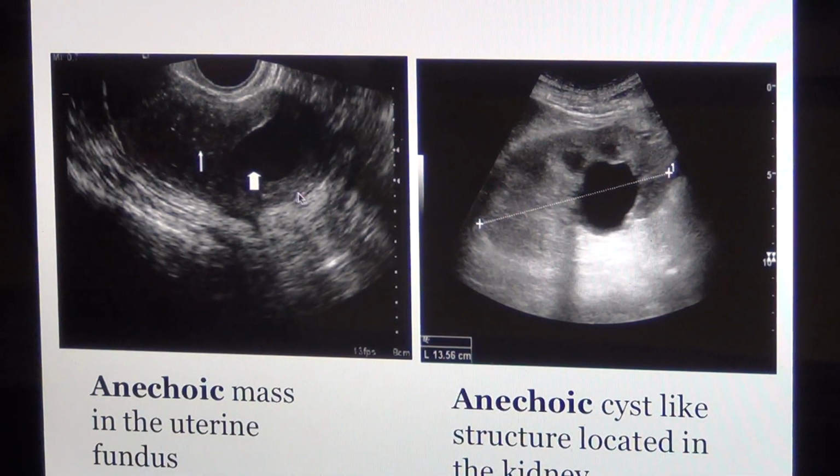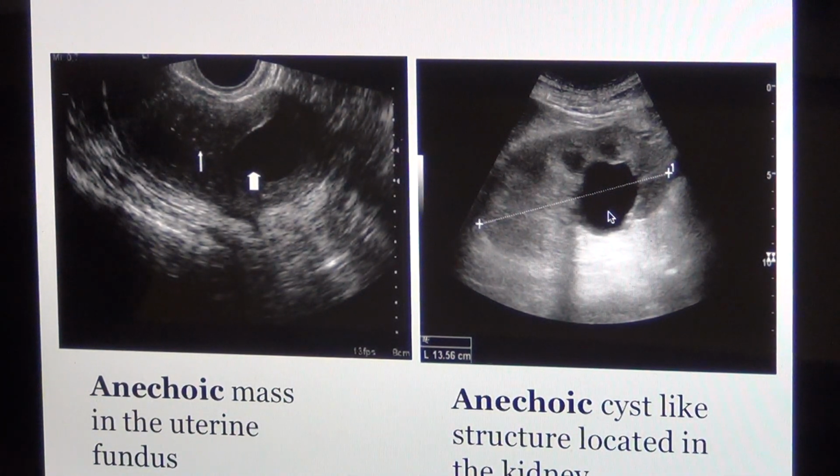Okay, so this is isoechoic, and now this is anechoic. Okay, so now this is in the uterus. I see there is an anechoic mass inside the uterus. This is totally anechoic, and there is an enhancement. Here in the kidney there is an anechoic, and this is anechoic in the sinus area, and there is enhancement and refracting shadow.